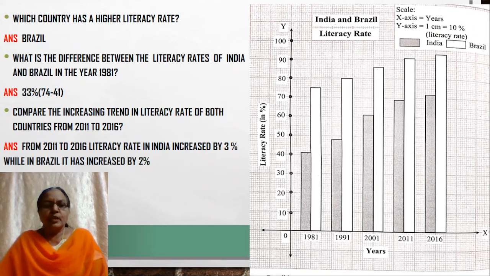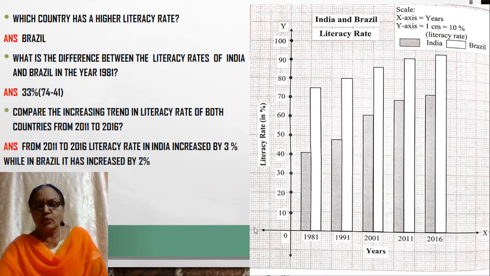The next one, compare the increasing trend in literacy rate of both countries from 2011 to 2016. So here you are going to compare the literacy rate of both the countries. Now let me take India first. Now look at this. In 2011, the literacy rate was, say, here it is not even 70. So let us take it as 69.